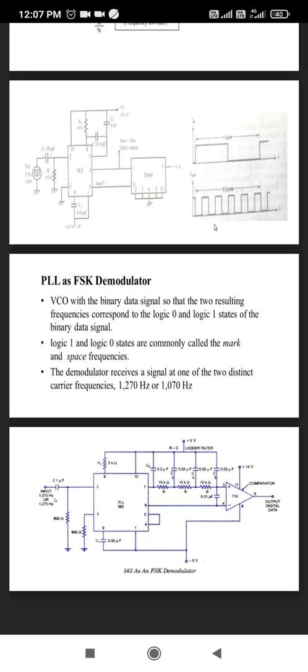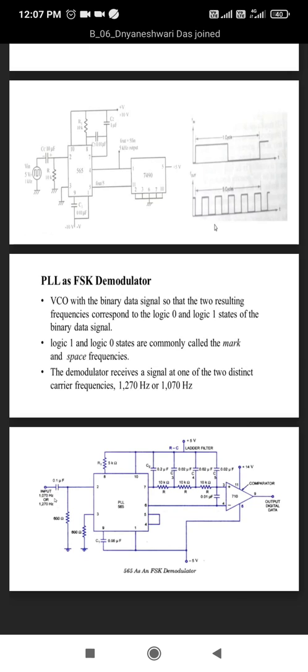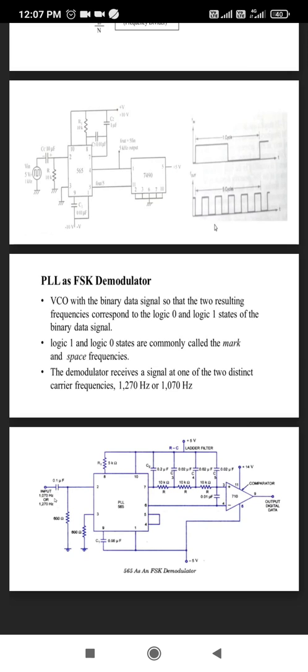Frequency shift keying. Whether it is analog or digital modulation? Digital modulation.